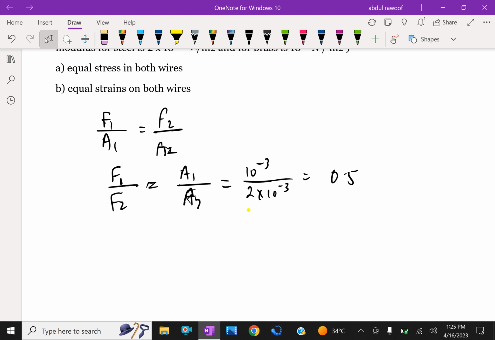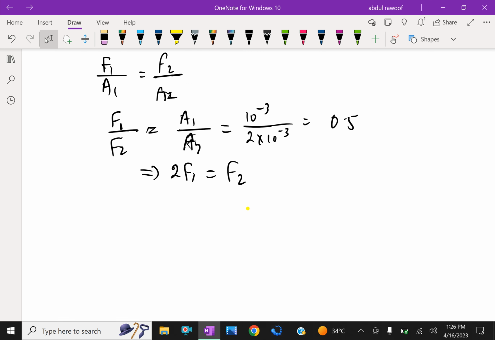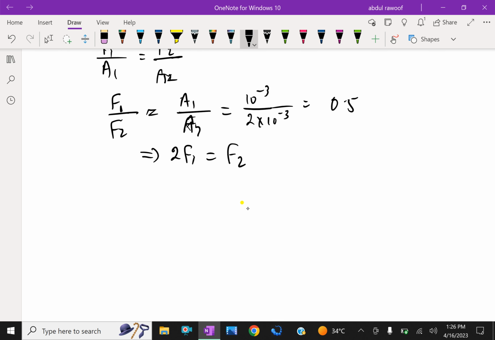Now, therefore, you can write 2F1 equal F2. Now, the total weight W is equal F1 plus F2. That is F2 by 2 plus F2 equal 3 by 2 F2.